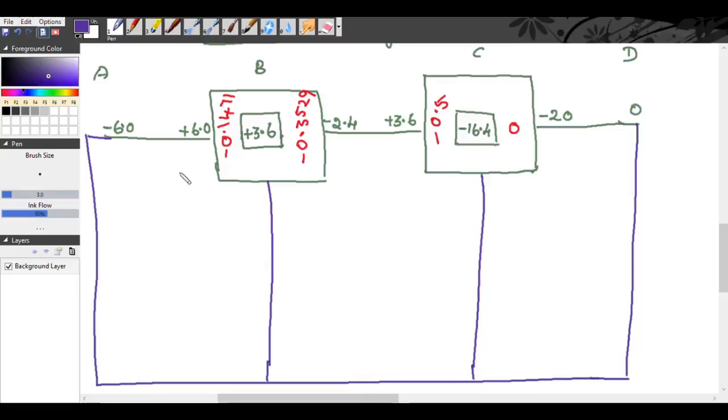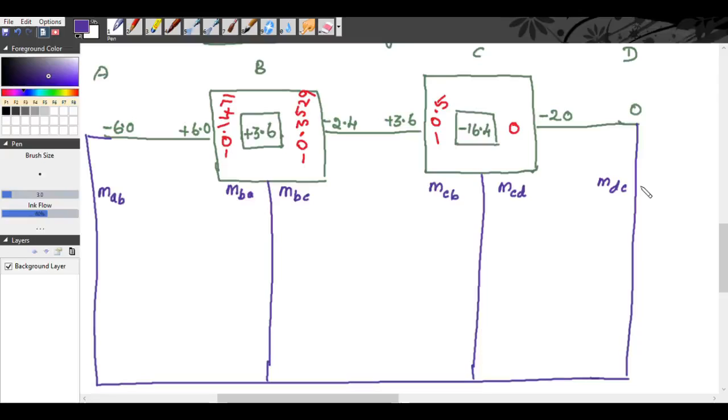So here it is small m AB, small m BA, small m BC, small m CB, small m CD, and small m DC.